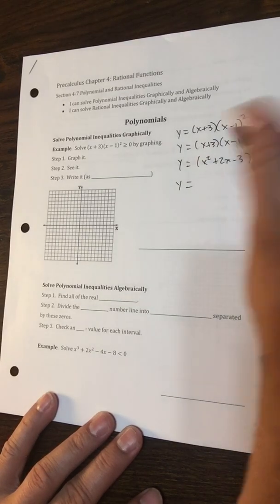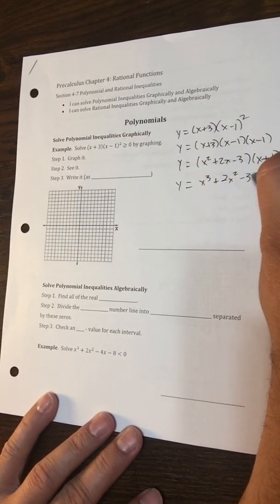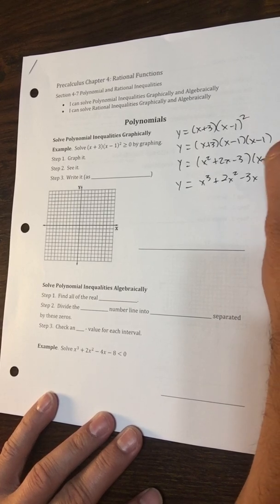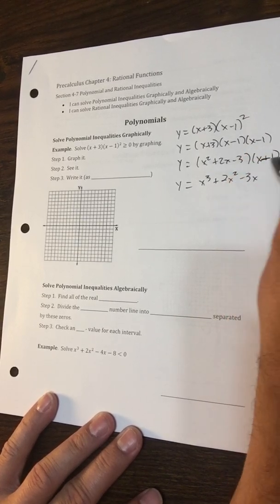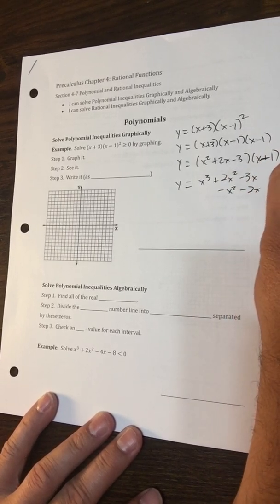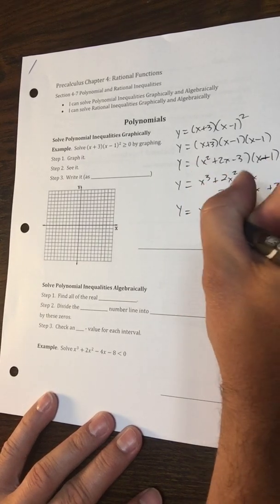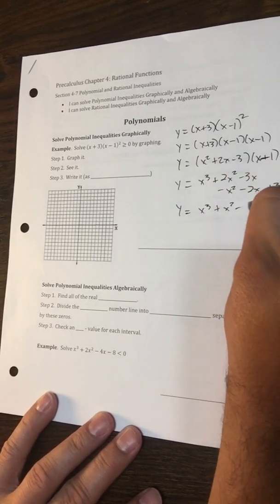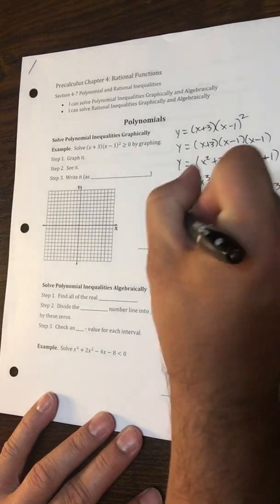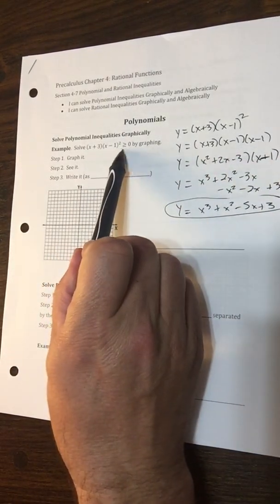And then if I multiply this out, I'm going to get x to the third plus 2x squared minus 3x, and then it's minus all these things, so minus x squared minus 2x and plus 3. Okay, so I really have y equals x to the third plus x squared minus 5x plus 3 that I'm dealing with. It's a swooshy. But I'm only looking for where it's greater than or equal to 0.